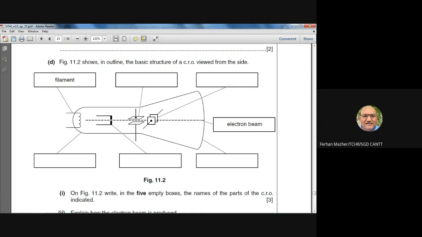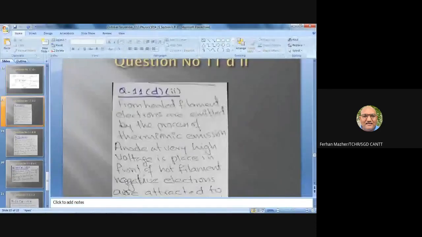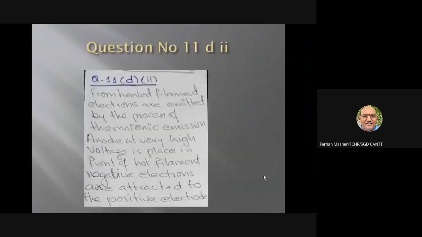I hope you have understood what I'm describing. I've written this also on a paper. Let me read my answer, and then we will see the marking scheme. From heated filament, electrons are emitted by the process of thermionic emission. A node at very high voltage is placed in front of hot filament.